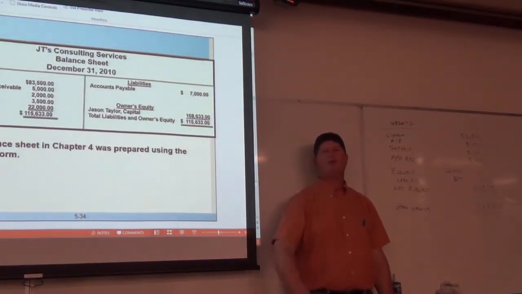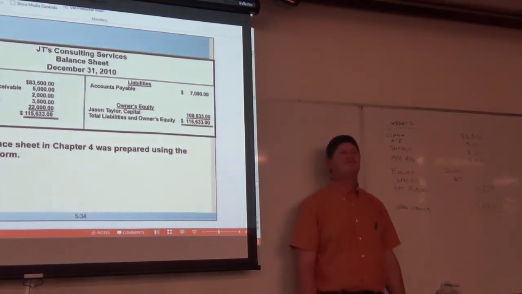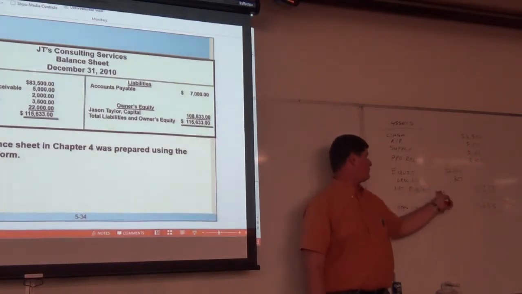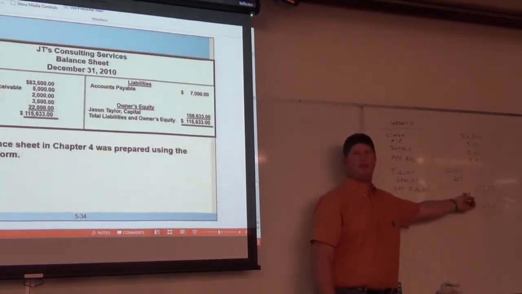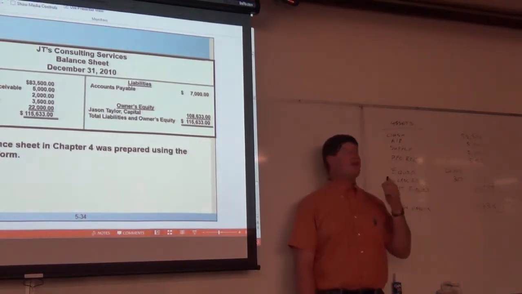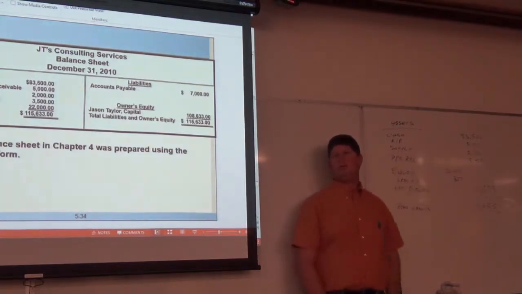It will not be marked wrong for doing that. All I'm doing is highlighting that there's equipment, there's accumulated depreciation, and I'm showing the net value. The intent is to reflect that net value. And this is a disclosure thing that's required under GAAP, so I'm doing it.